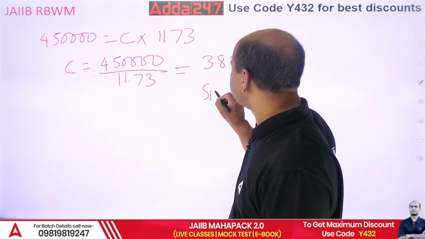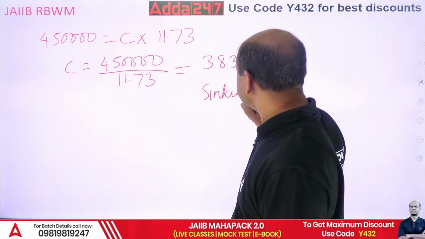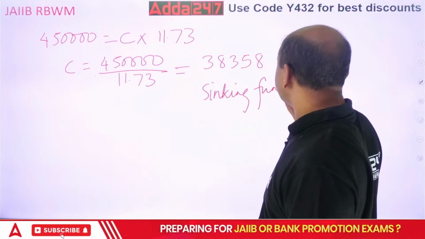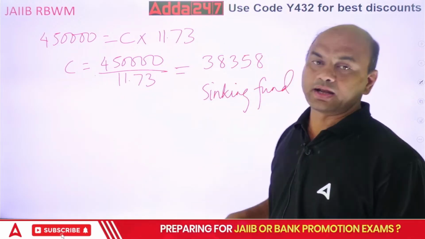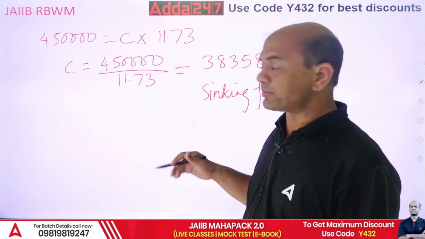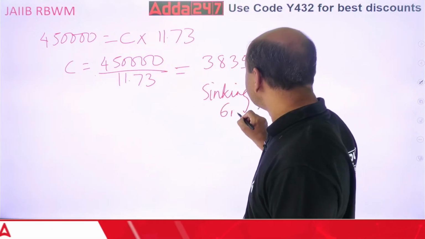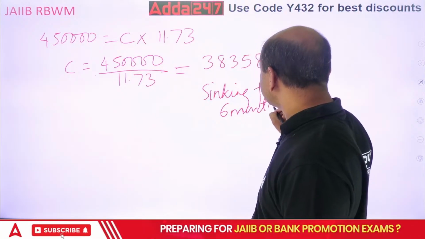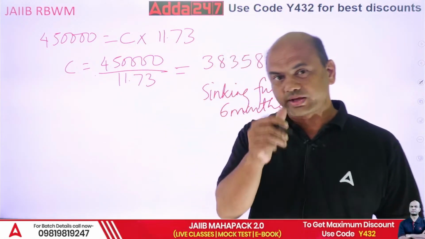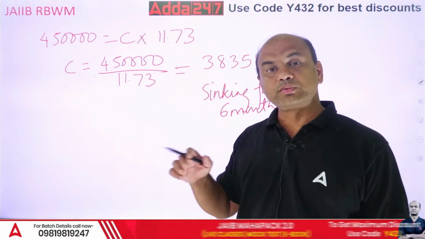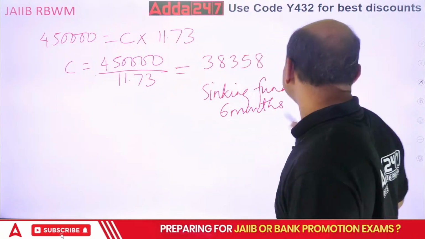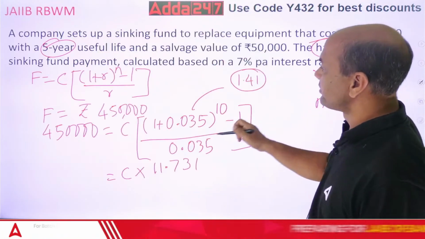I'll have to keep it separate, so that at the end of the period, after 5 years, every 6 months I am keeping this separate. So at the end of 5 years, you should be able to have that amount, 4,50,000.